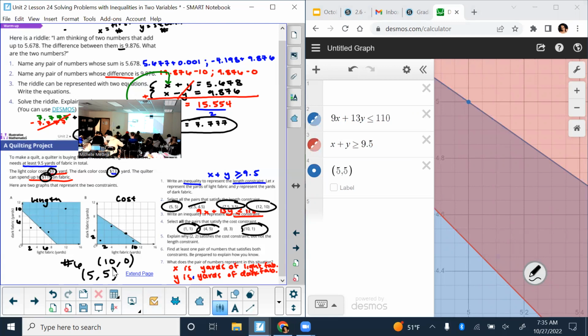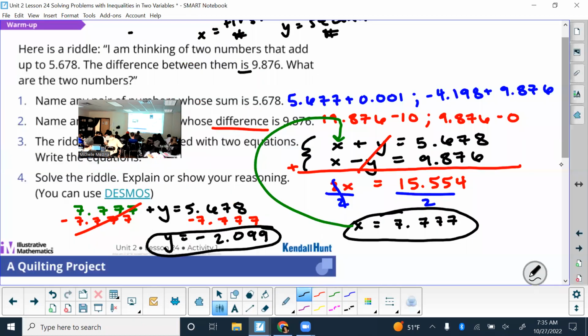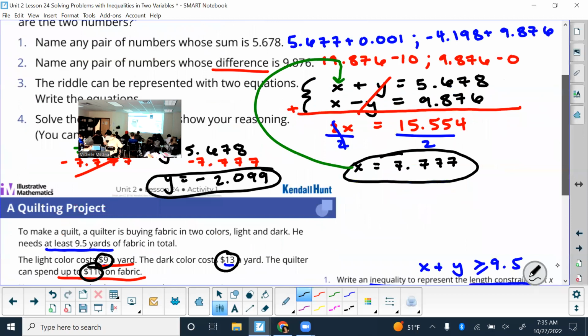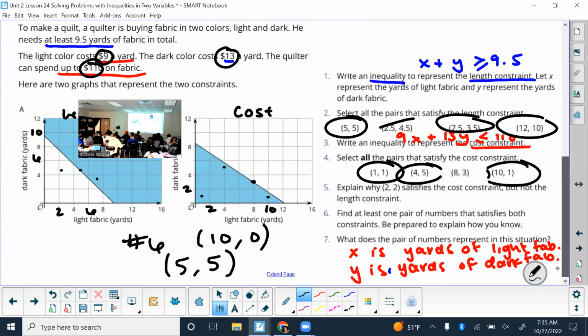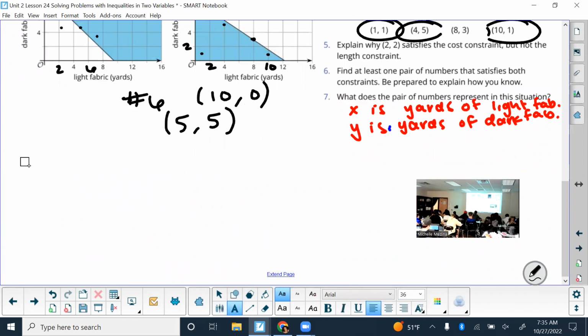So, questions on solutions to systems of inequalities? Good. If you want to write that somewhere, solutions to systems of inequalities are overlapping shaded areas. All right.